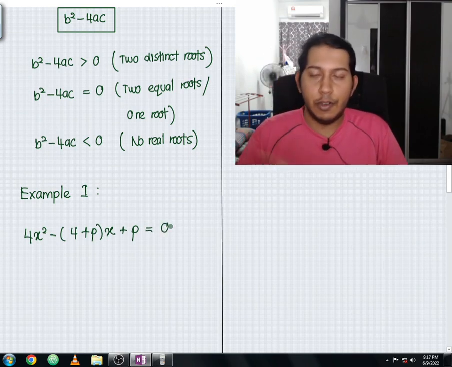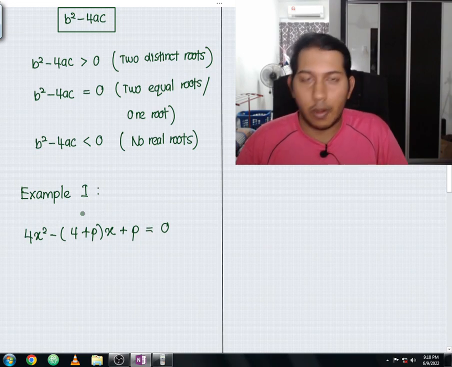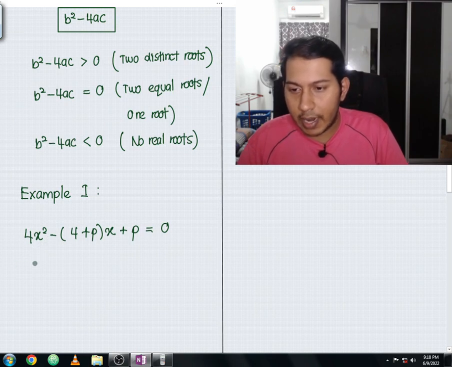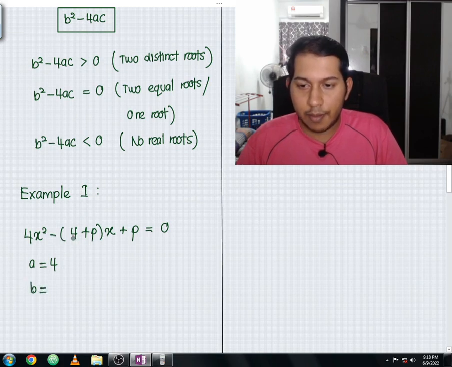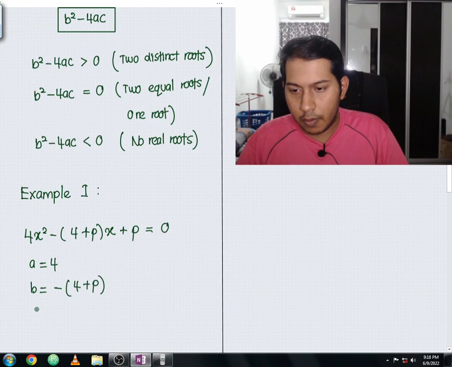The first step is to identify the coefficients a, b and c respectively, since this obeys the quadratic equation. From here we can identify that the coefficient a is 4. The coefficient b is negative (4 plus p), whereas the coefficient c is p itself.